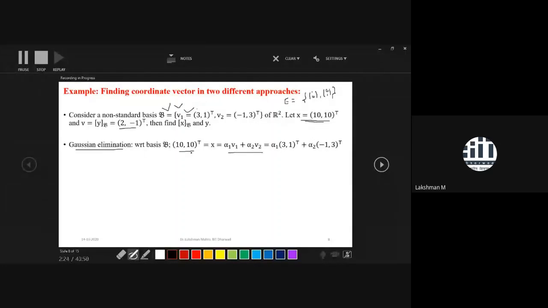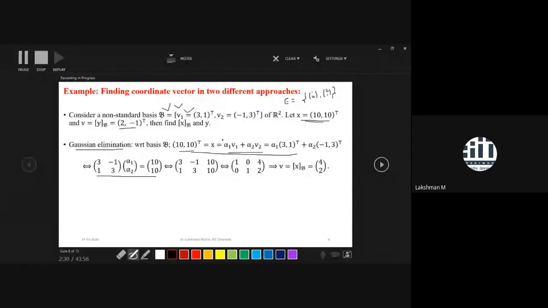Write this in matrix form. This is the corresponding matrix form of this equation. Apply the Gaussian elimination method over this augmented matrix, and this is the reduced form. From the reduced form you can observe that alpha 1 equals 4 and alpha 2 equals 2.